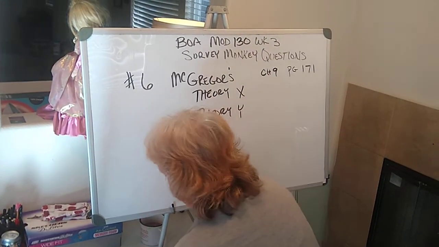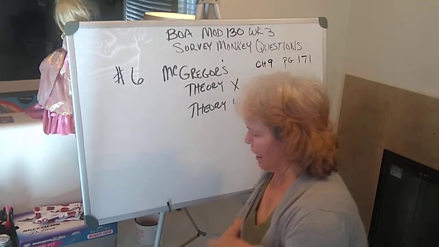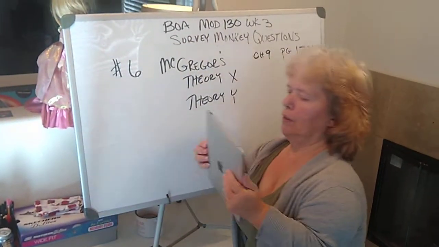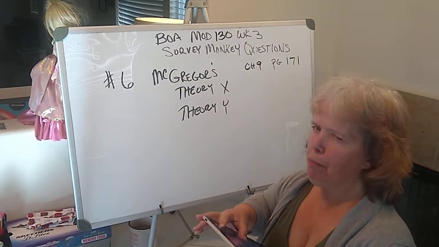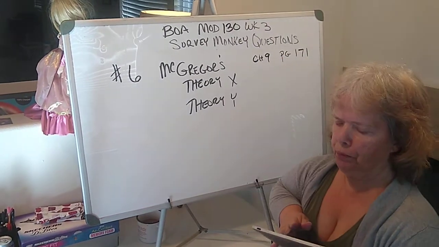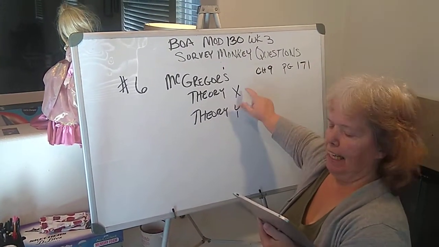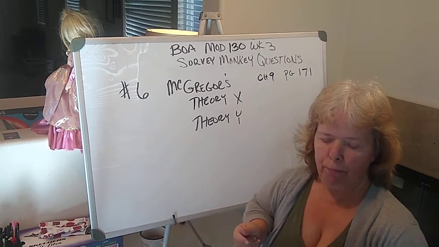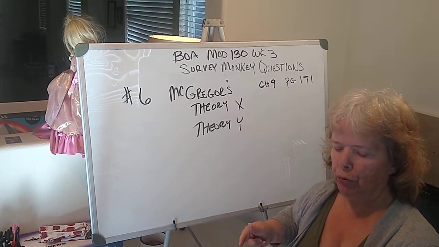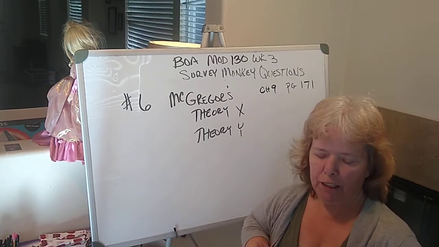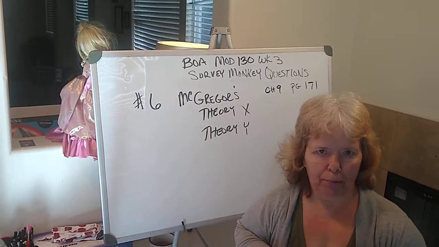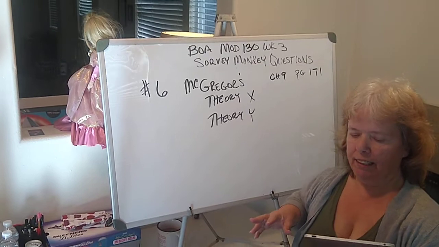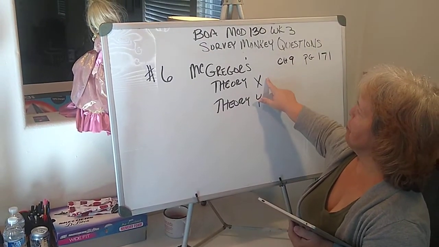Okay? So let's first read the definitions. And I think these might be one of your term words too. So theory X, McGregor's traditional view of management, whereby it assumes that workers generally dislike work and must be forced to do their jobs. That's theory X. And that's more of the traditional view.